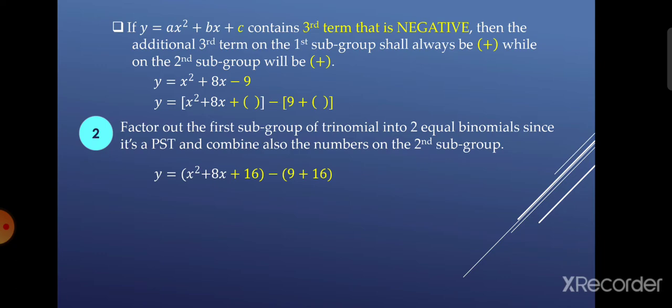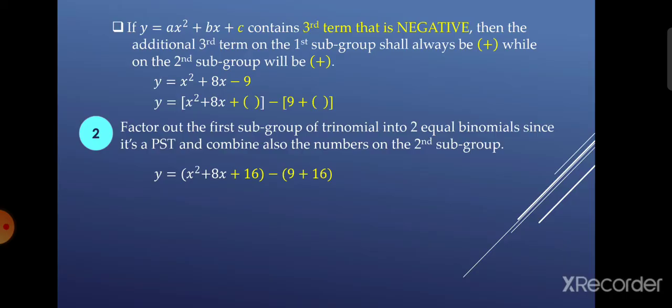In this step number 2, we are using the example where the third term is negative. So the example is y is equal to x squared plus 8x minus 9. The second line of your solution would be y is equal to the trinomial x squared plus 8x plus 16.